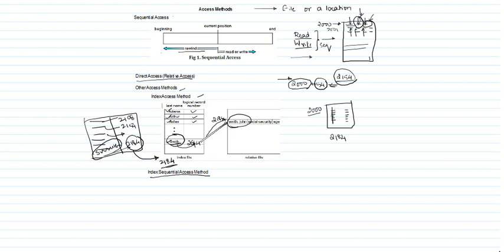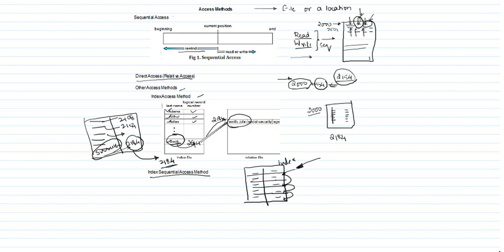The last one is the index sequential access method. What is the index sequential access method? The same kind of index is maintained, with the contents on the left and relative addresses on the right. At the very first time, whenever it is accessing this index, it directly accesses any random address which is being searched for, and then it follows a sequential method.